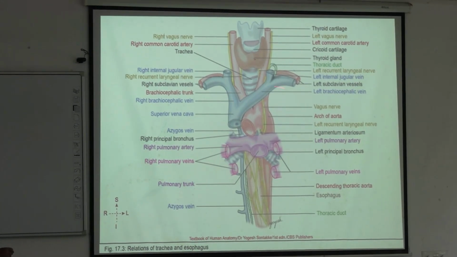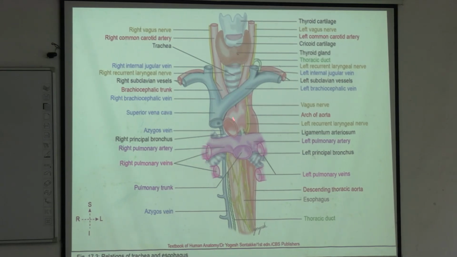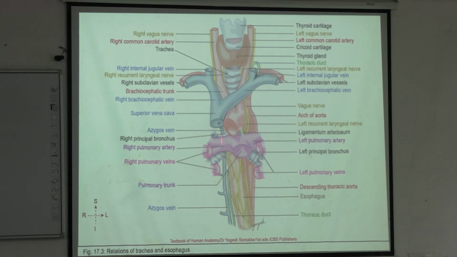And here in the thoracic region, in the superior mediastinum, you can see anteriorly lying the arch of aorta and its three branches: brachiocephalic trunk, left common carotid, left subclavian, and this arch of aorta continues downward as the descending thoracic aorta. Here is the left vagus nerve. From here, one branch is winding on the undersurface of the arch of aorta, that is the left recurrent laryngeal nerve.